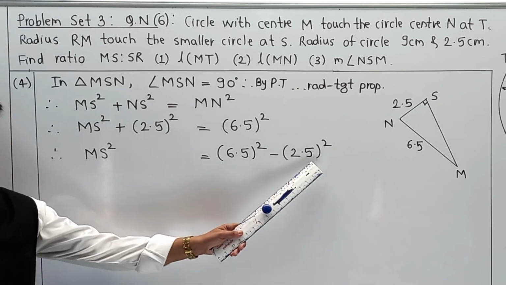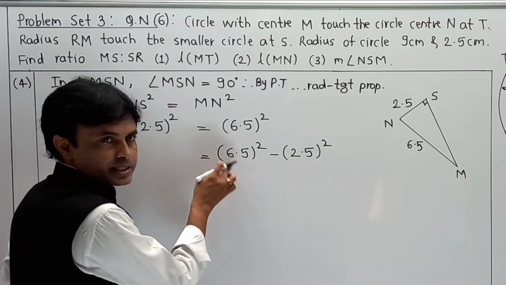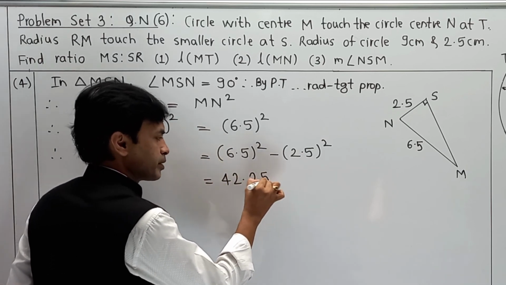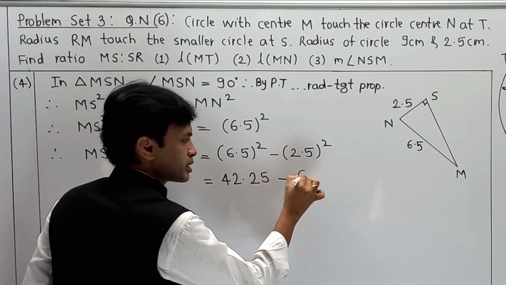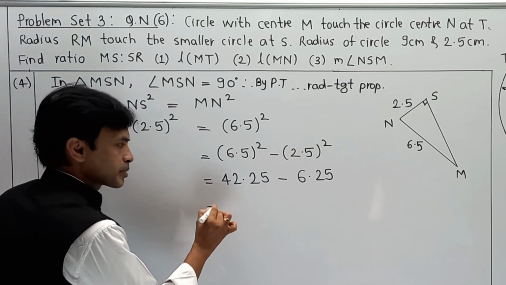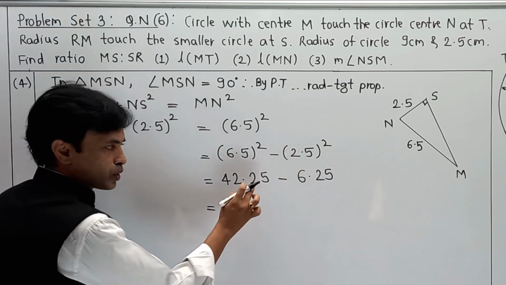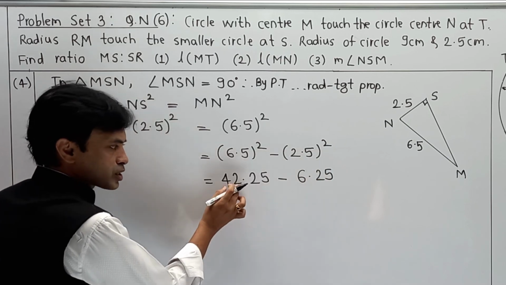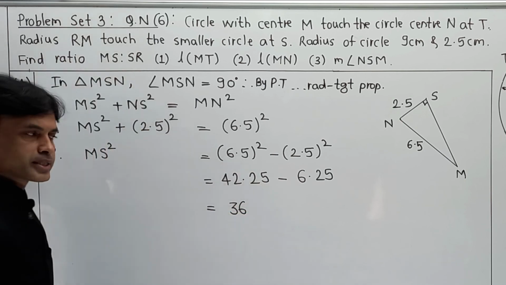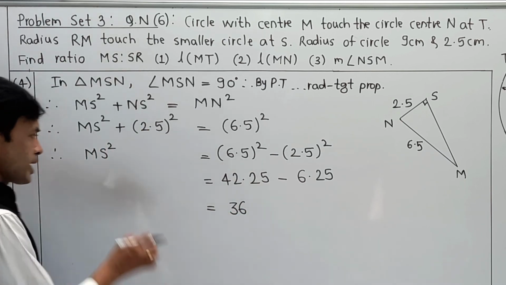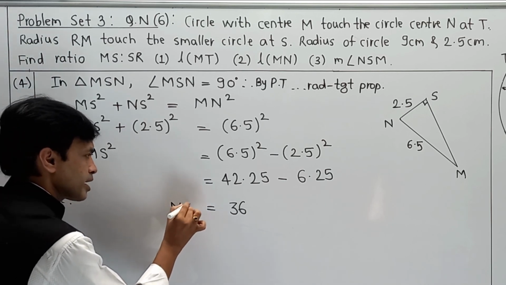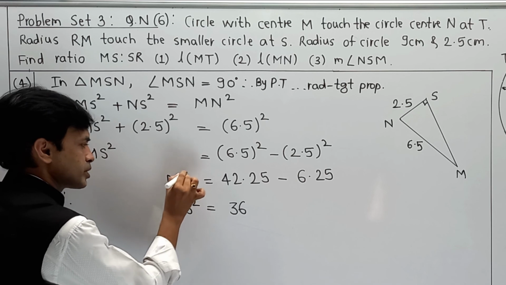Now this calculation has a shortcut. If the last number is 5 and 5, then next to number 6, that is 7, 6 sevens are 42. So 42.25 minus 2 into 3 is 6, 6.25. This is nothing but the square of this number, and subtraction is 5 minus 5 is 0, 2 minus 2 is 0, and 42 minus 6 becomes 36, or you can write the answer as 36.00, and that is nothing but MS square.